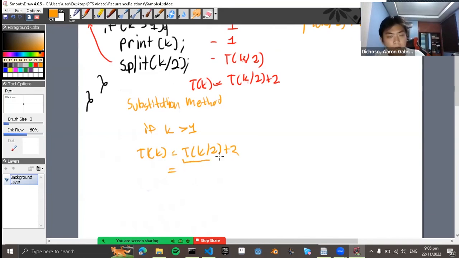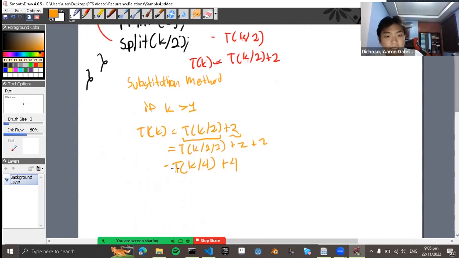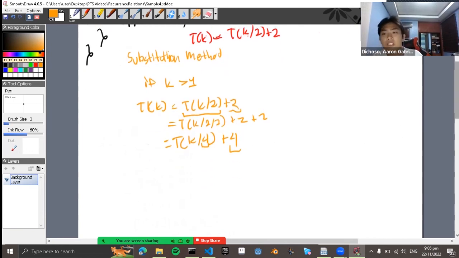Now what is t of k over 2? That is t of k over 2 over 2 plus 2, then we add the other 2. And this would just simplify to t of k over 4 plus 4. Now, once you get this, iisipin mo, ito na ba, n lang to, tas n lang to? No. You have to keep on continuing on and try to find other values.